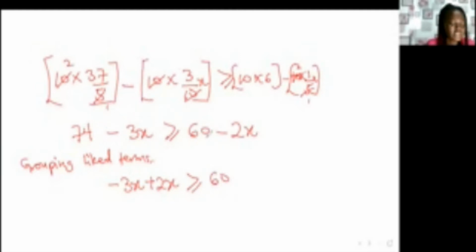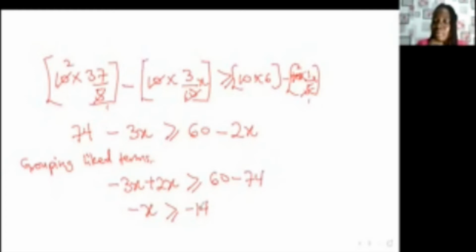Then remove the 74 to join it, minus 74. Then we simplify. Negative 3x plus 2x will give us negative x, greater or equal to 60 minus 74, which will also give us negative 14.